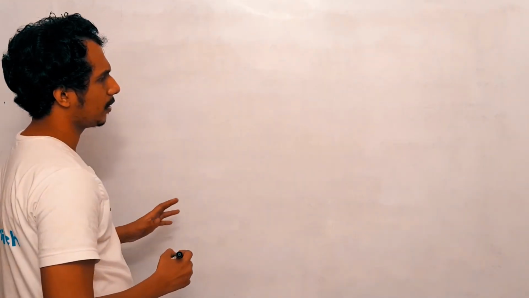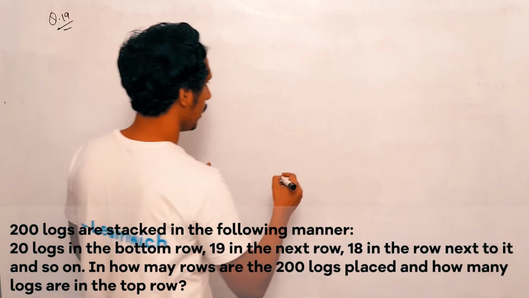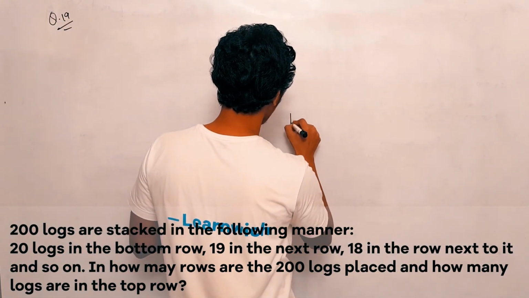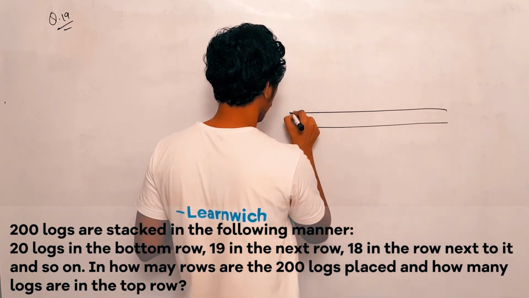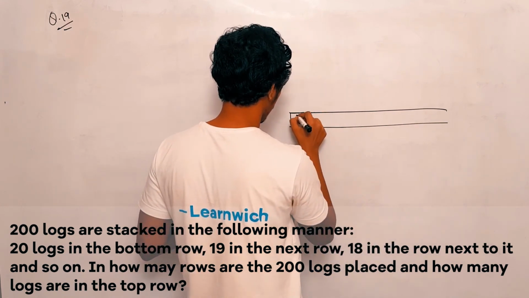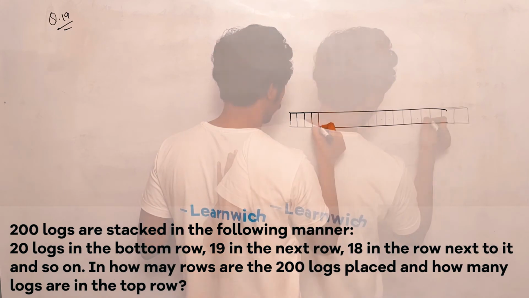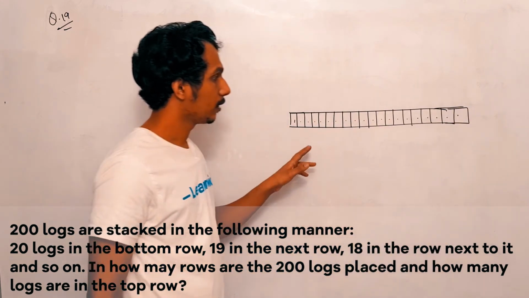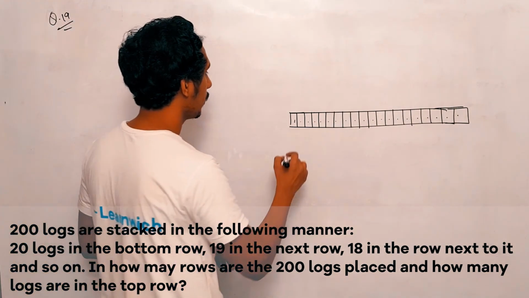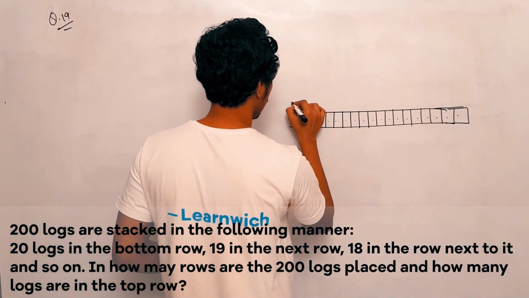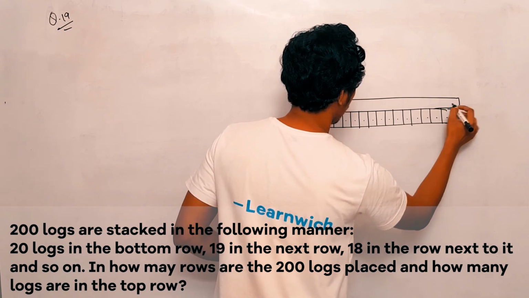Let's say how are the logs placed? It's like there are 20 logs in the bottom. That will be too big, no? 1, 2, 3, 4, 18, 19, 20. There are 20 logs here. Okay, when you move to the top, there is only 19.